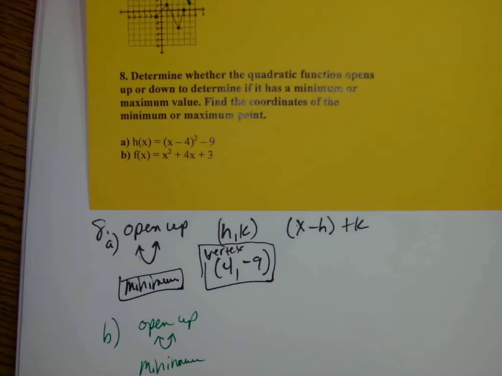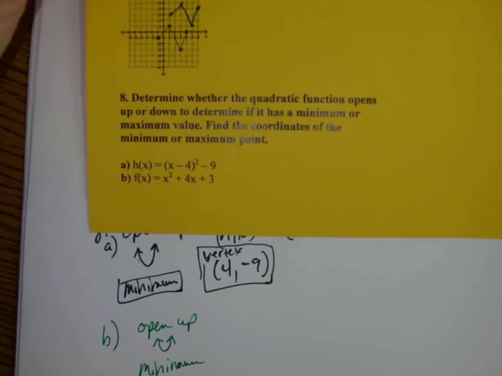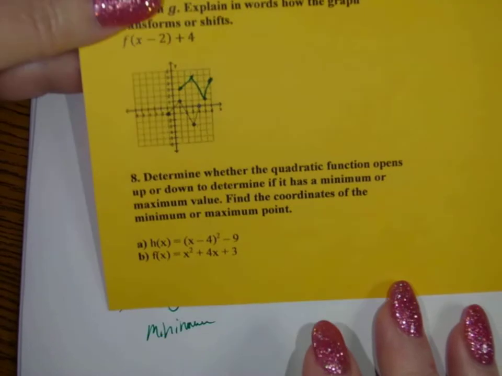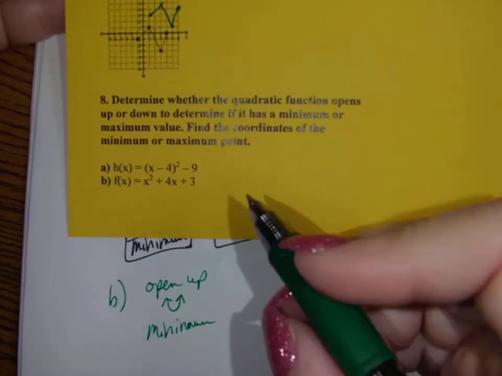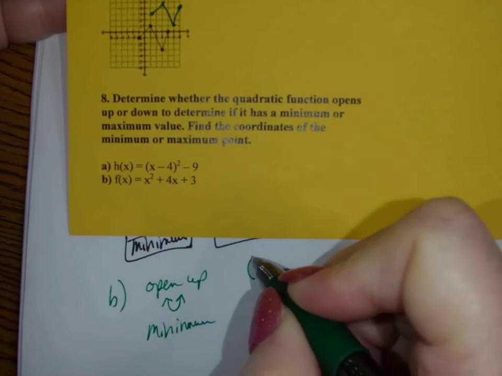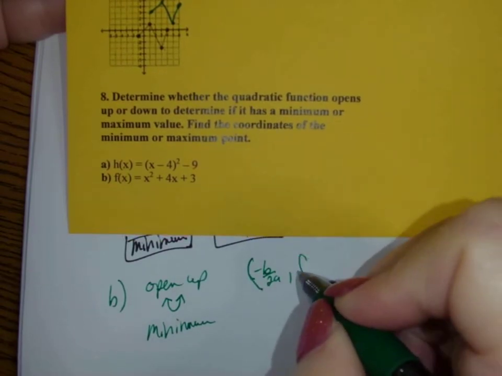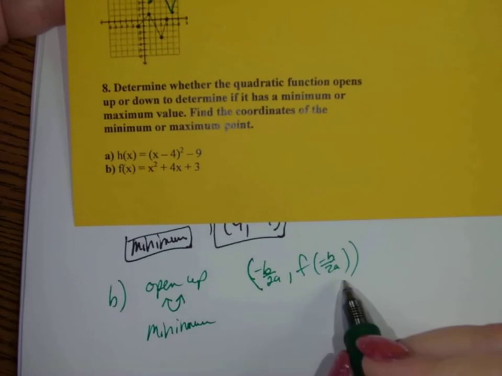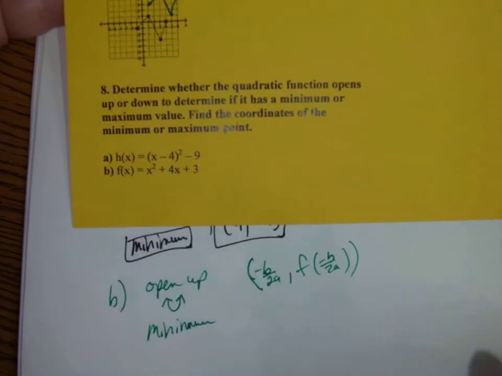Again, if it had a negative sign, it would become a max because it would be upside down. But the formula for this one is going to be -b over 2a comma, the function at negative b over 2a. So that's the vertex formula for something like this.